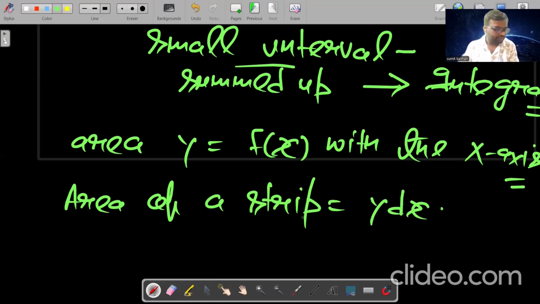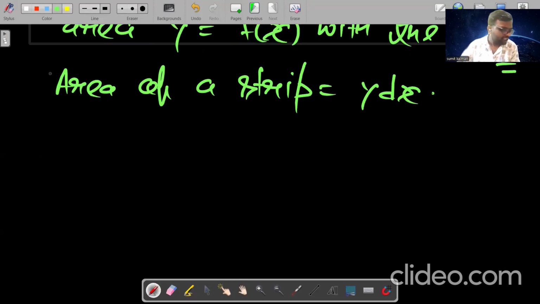Now, students, if you integrate y dx, and this y dx is equal to f(x), let it be any function f(x).